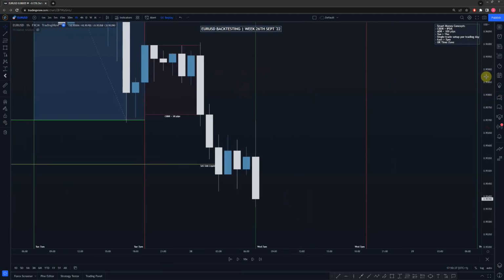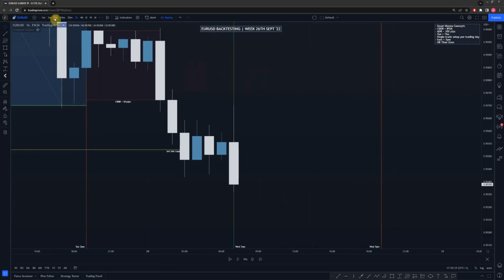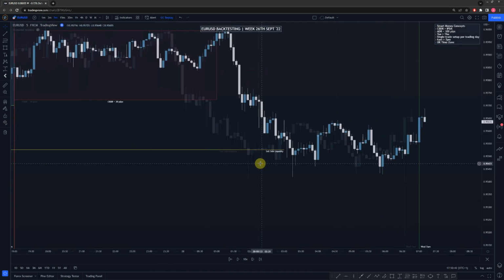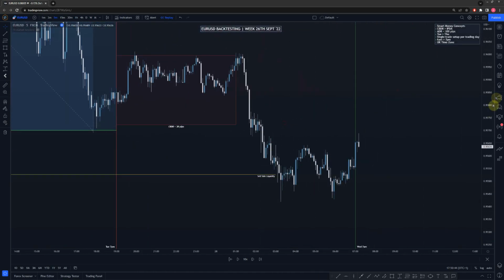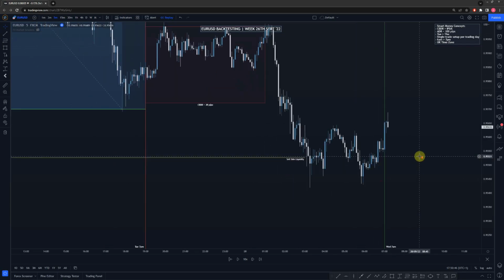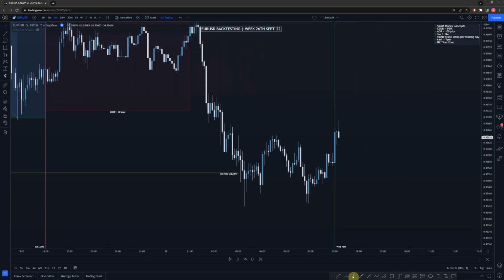And then same again, going with our normal routine, we're going to go back into the 5-minute chart and then see how our interbank pricing delivery algorithm opened up at 5 AM. So let's find our 5 AM candle right over here, and we can see prices opened up bearish.